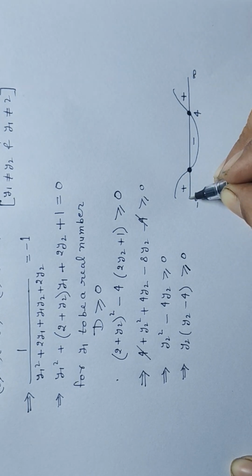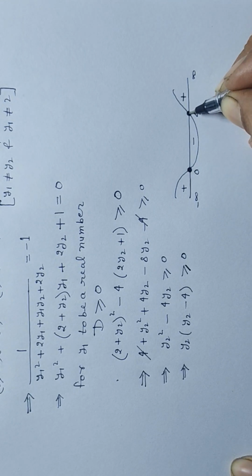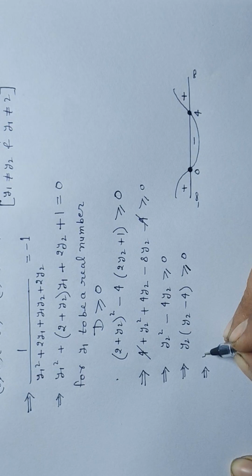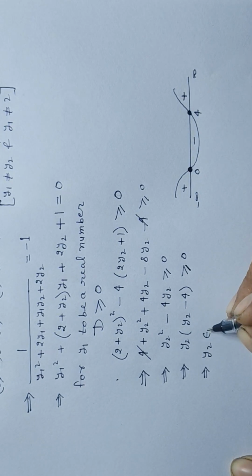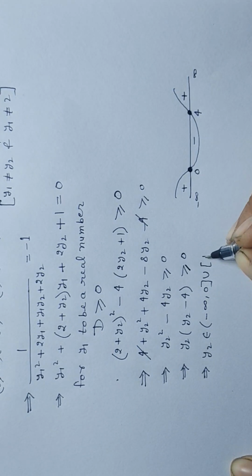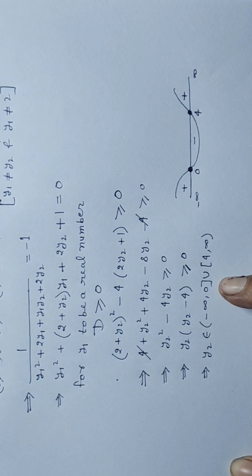The positive region lies between minus infinity to 0 and 4 to infinity. So we get y2 belongs to minus infinity to 0 union 4 to infinity. So this is our requirement. The range of the ordinate C is minus infinity to 0 union 4 to infinity.